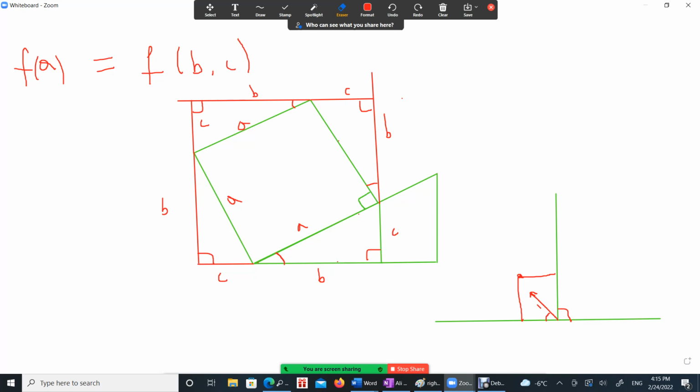Now here we're trying to find a relationship between this area over here, the area of this square, with the area of this triangle.